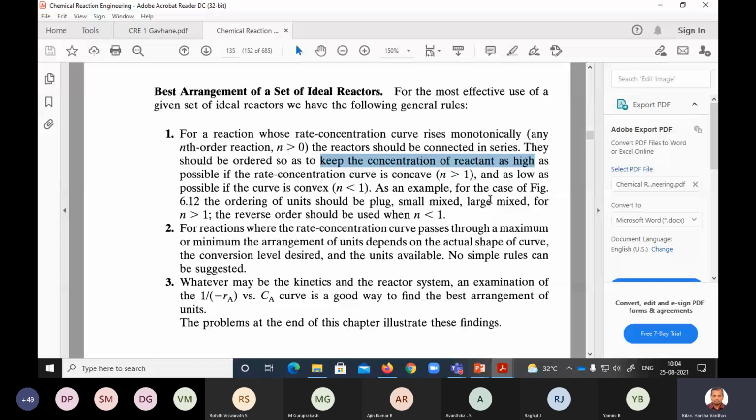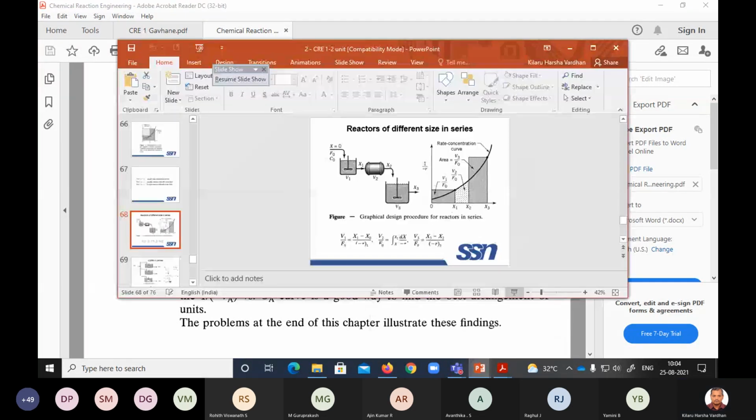Why? Because in the MFR, the concentration of the reactant will be as low as possible, whereas in the PFR, the concentration of the reactant will be as high as possible. If you want to have a very high reactor, that is, you can see, I'll just show you here.